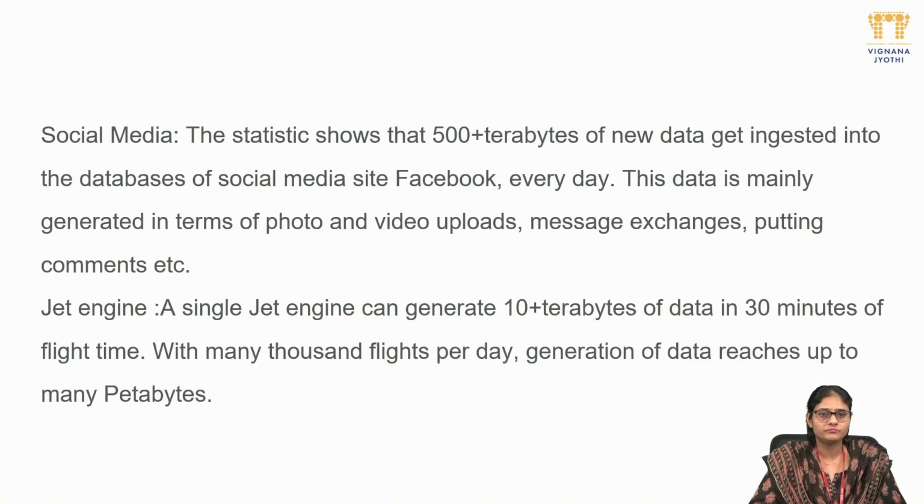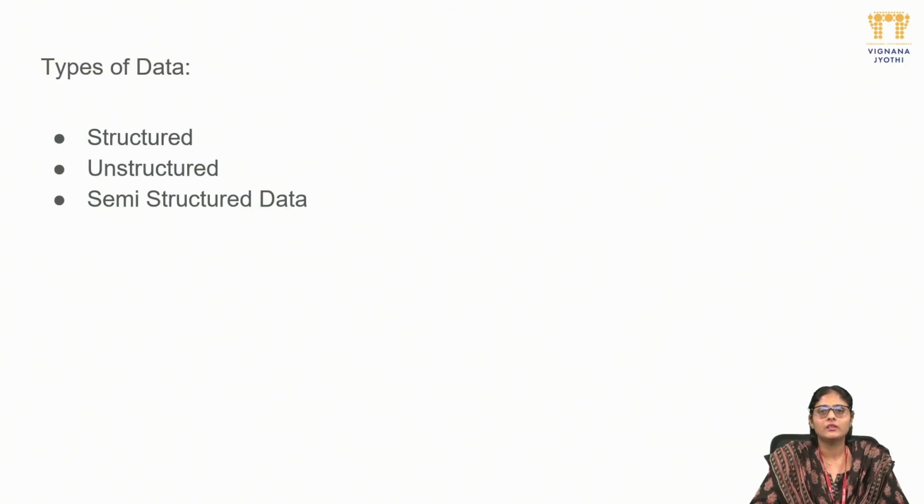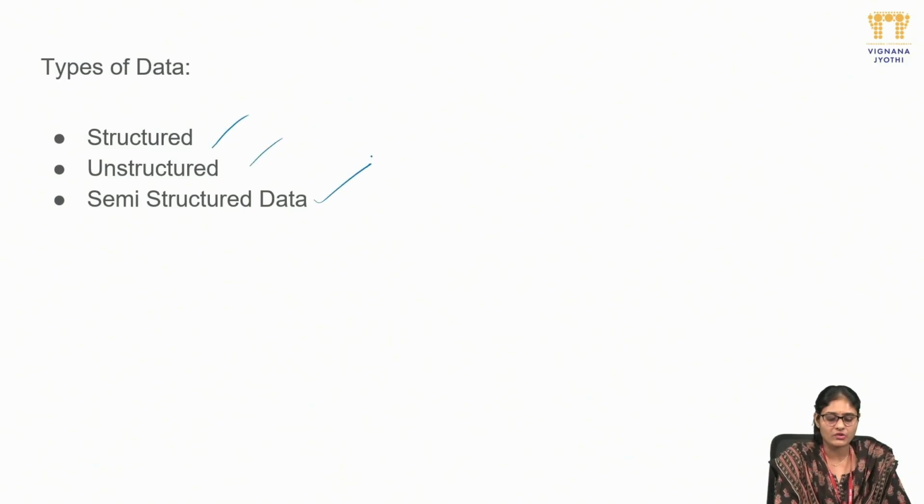Previously there was only structured data generated in the traditional computing system, which is stored in rows and columns in a proper table format. But in today's world, as the internet has grown exponentially, structured, unstructured, and semi-structured data are all being generated.